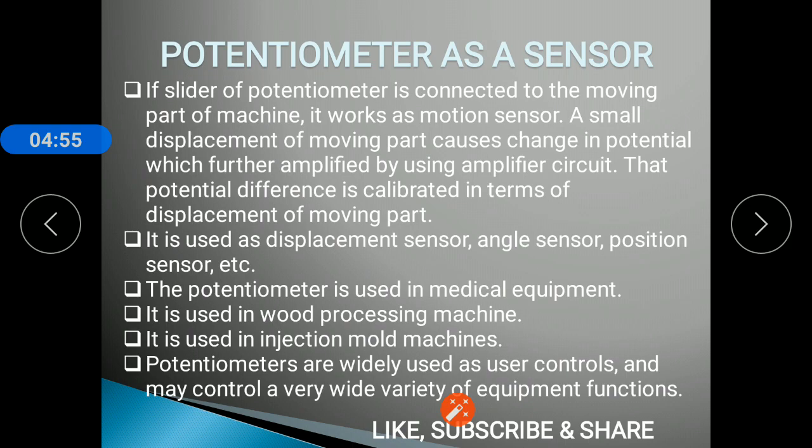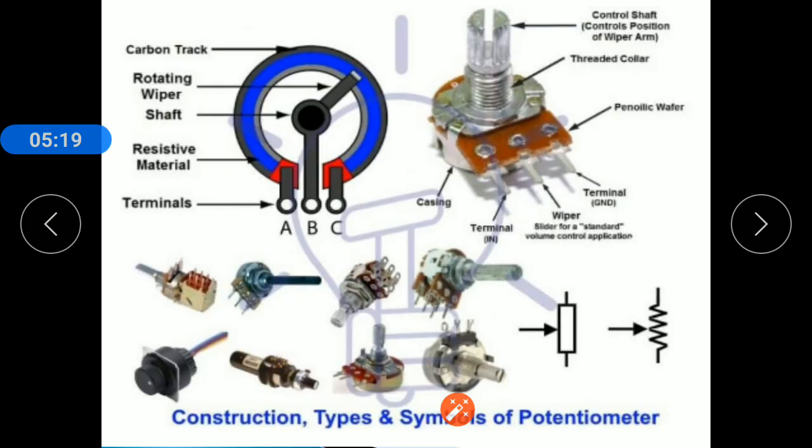This is how we can use a potentiometer as a displacement sensor, or as an angle sensor, position sensor, etc. These sensors are used in medical equipment, in woodworking machines, in injection molding machines, or to control various equipment or functions. Now, the potentiometer practically used in electronics or for project purposes looks like this.